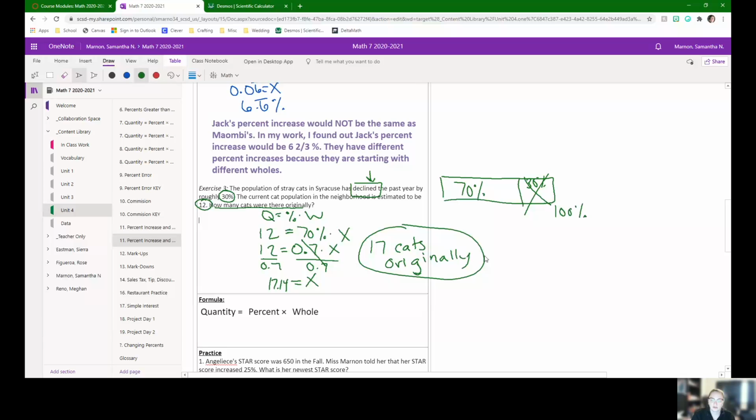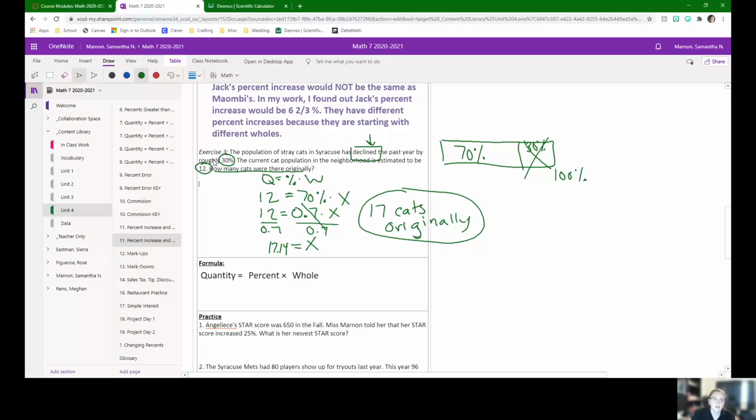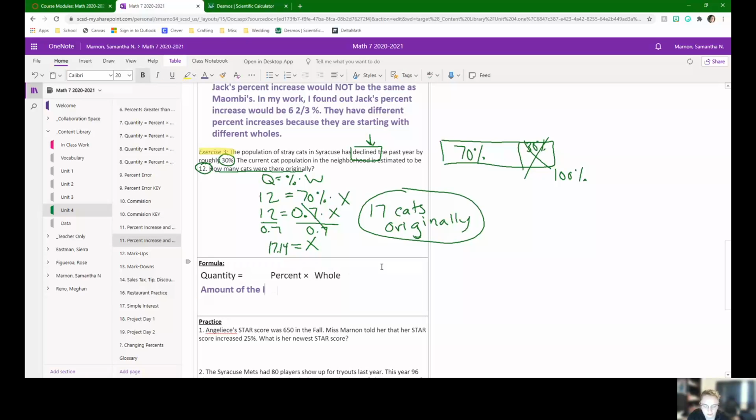So just kind of making sure that our answers make sense in context, but definitely if you don't understand this exercise 3, reach out to your teacher so they can help you. So we're just going to reiterate what this quantity equals percent times whole is in an increase or decrease situation. So the quantity is usually going to be the amount of the increase or decrease.